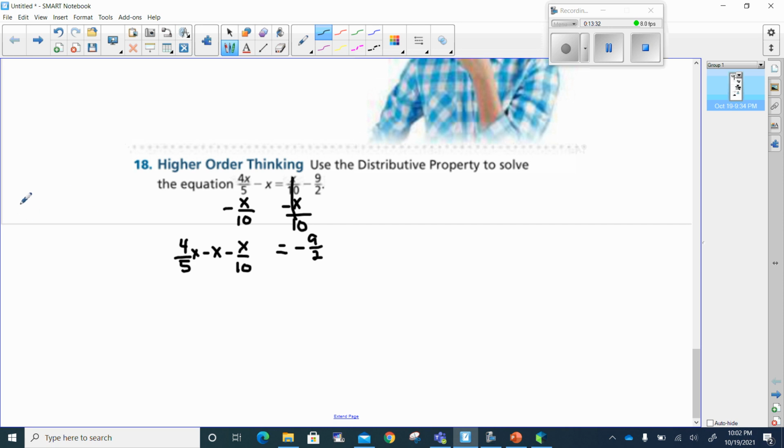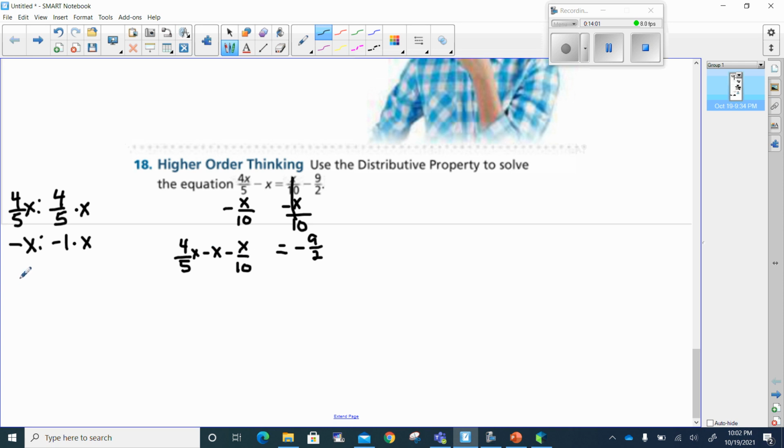Factoring is when we take what's in there out of it, right? If we have 4 over 5x, the things that make that up would be 4 over 5 times x. If we had negative x, the only thing that makes up negative x is negative 1 times x.